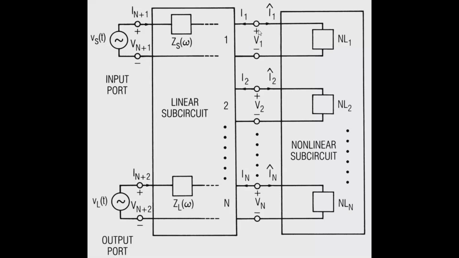So we take the voltage, the vector of all those harmonics, use a Fourier transform, and convert it to a time domain representation. Then we can figure out the current in the time domain. And finally, we Fourier transform that and get the frequency domain currents. We can then compare these currents on either side of the interface, that is the linear subcircuit currents to the nonlinear subcircuit currents. And in general, they won't be the same.